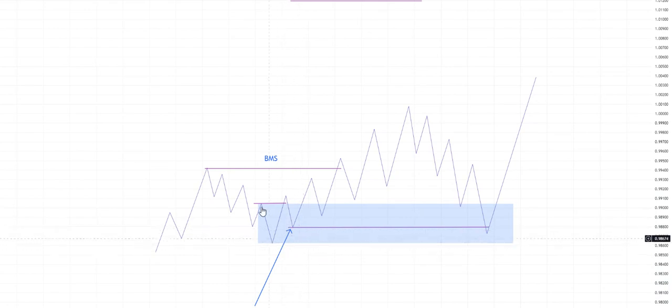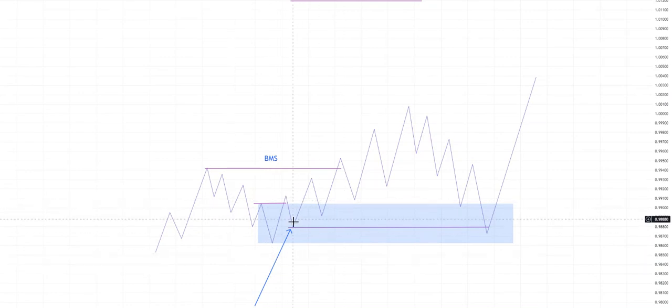So if price is retracing, price will normally come down to this primary inducement to take out the liquidity before continuing.